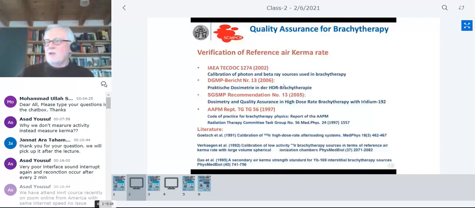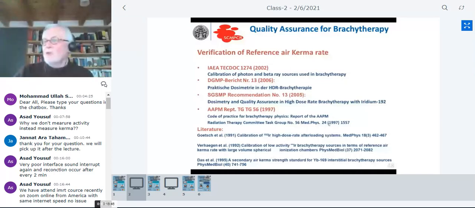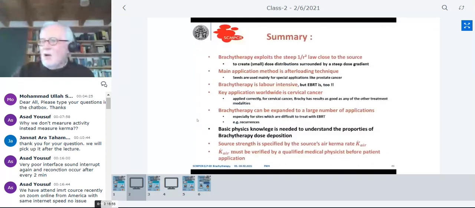These German and Swiss recommendations are actually also published in English, so you might look into those. And you can also look into AAPM task group reports like TG56. Okay, so I think that was it.